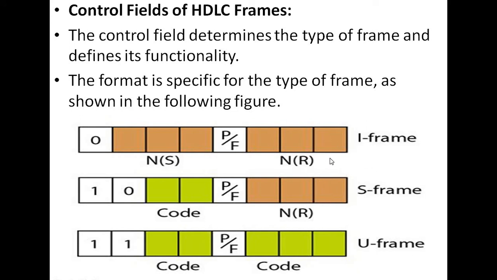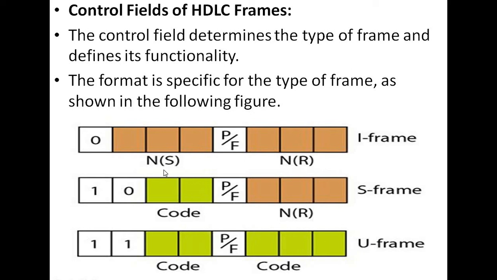Each has its own functionality. How can we easily find that a frame is an I frame? If the first bit is 0, then the frame is an I frame. If the first two bits are 1 and 0, then it is an S frame. And if they are 1 and 1, then it is a U frame.